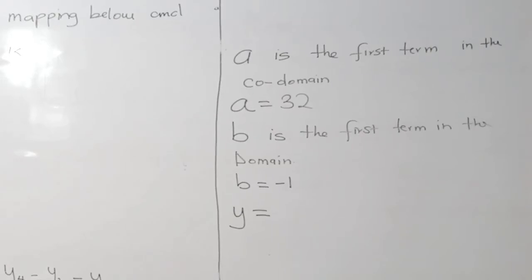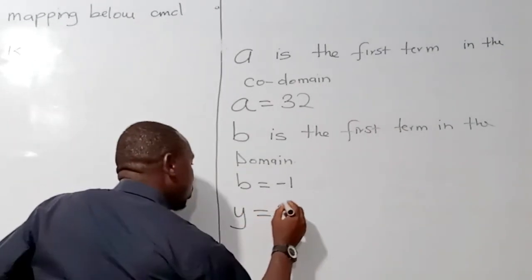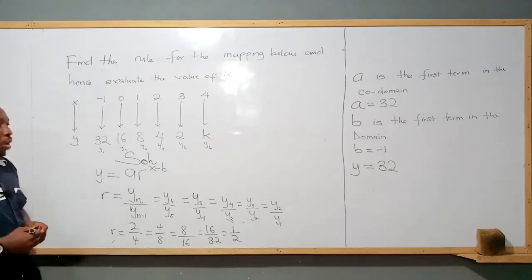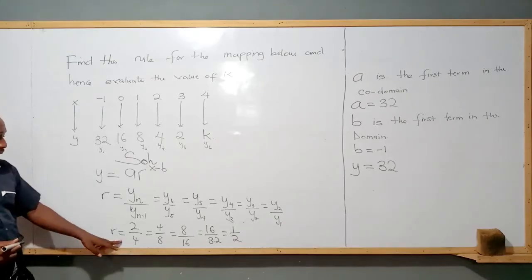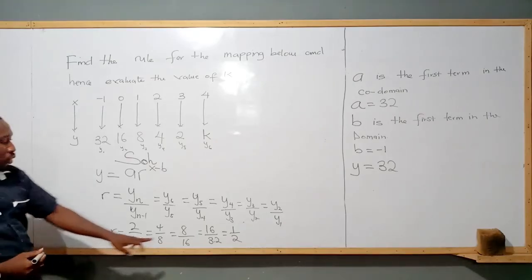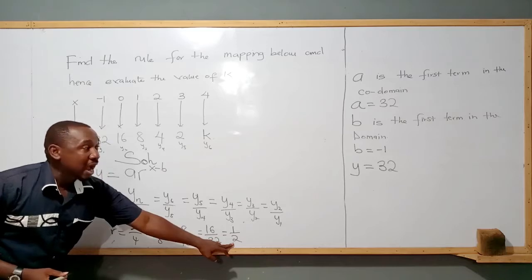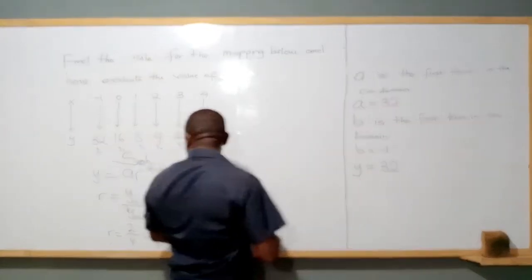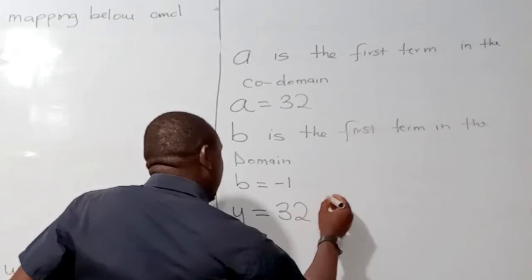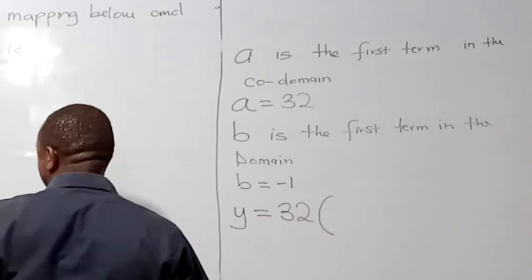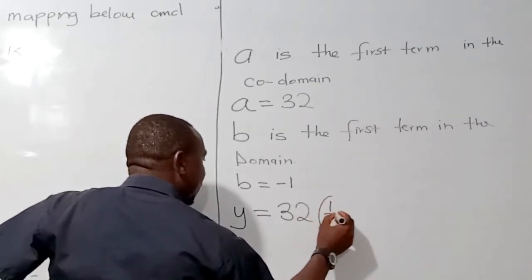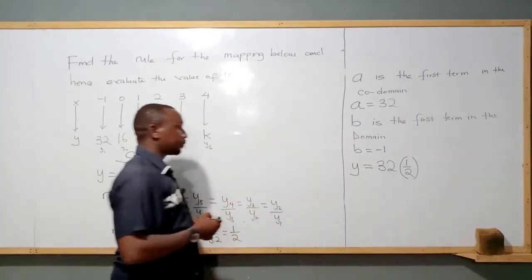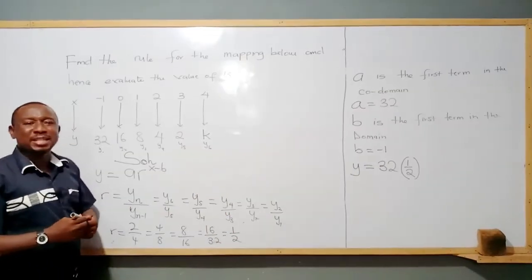A is equal to 32. What is R? R is the common ratio. We know the R to be half. So 32 is multiplying R, which is half, all to the power X minus B.